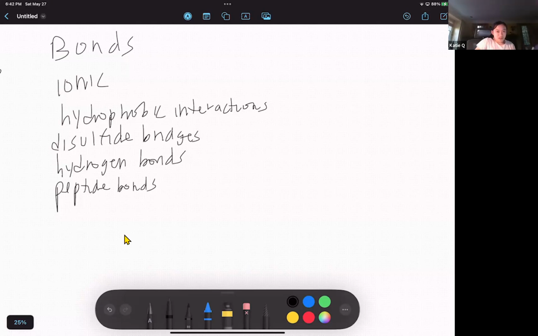And ionic bonds, that's basically when electrons are just taken away, kind of. Oh no, it's when opposite charges attract. Sorry, opposite charges. So this is an example of an ionic bond. This happens in the tertiary structure. So these happen in tertiary, this happens in primary.